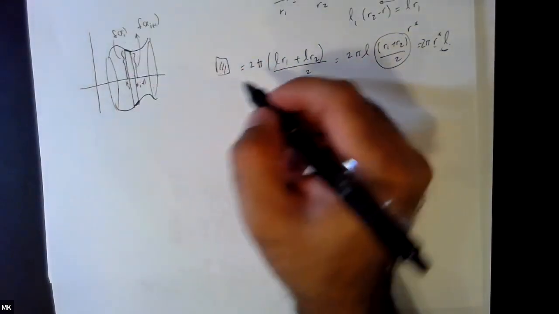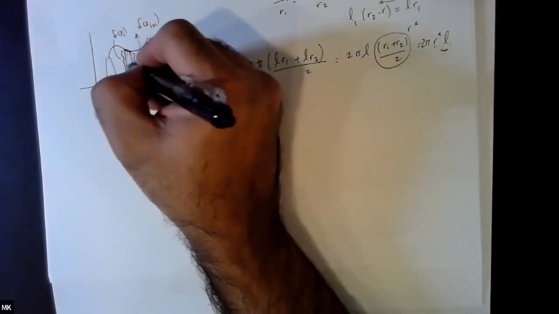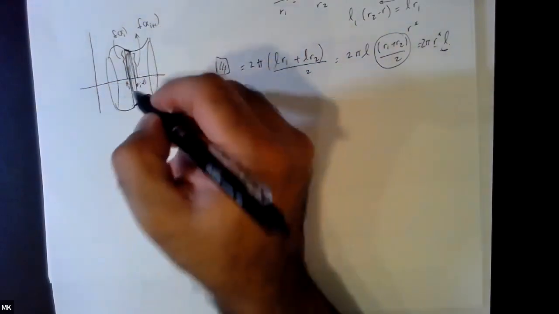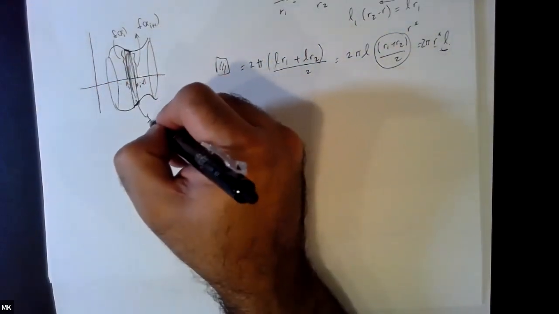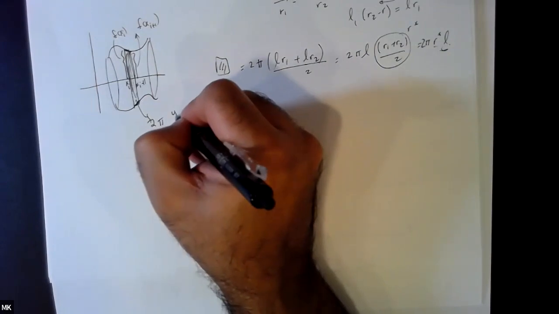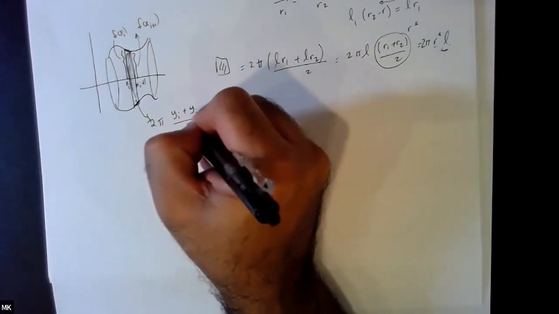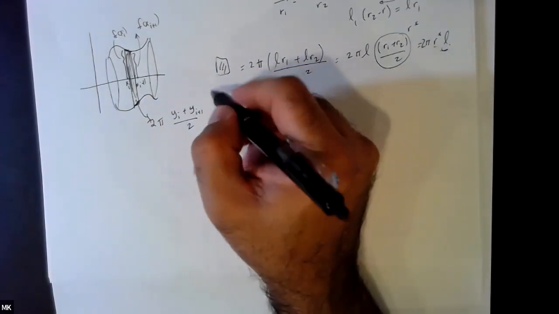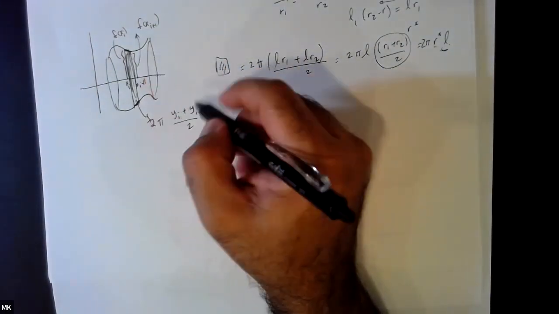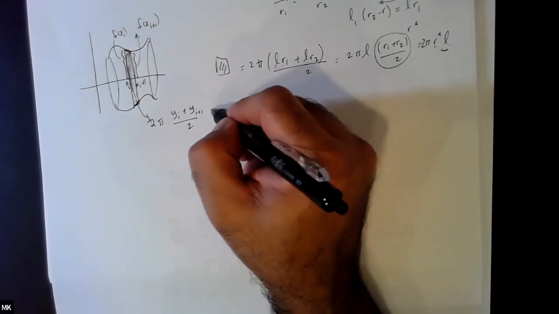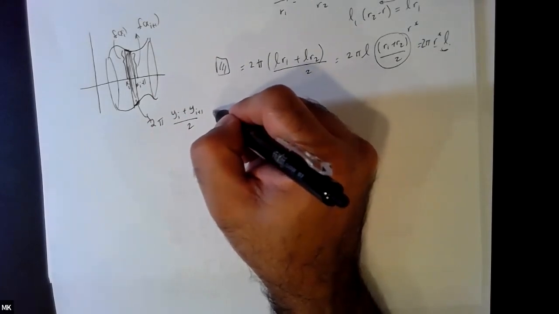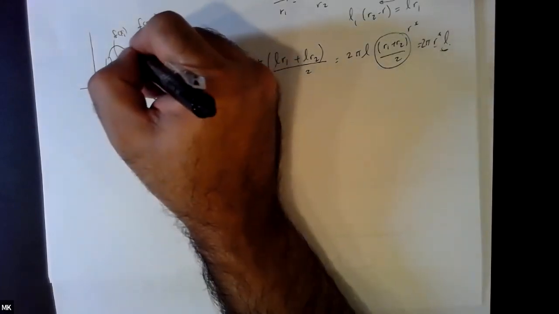So in that language, the area of this part of the surface is going to be 2 pi times (yi plus yi plus 1) over 2, and then the distance of the two, which is going to be some sort of a straight line between those two.